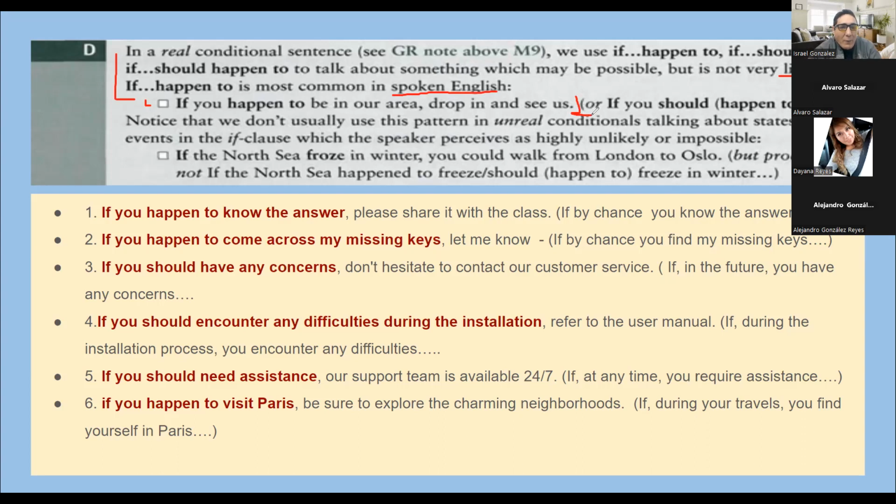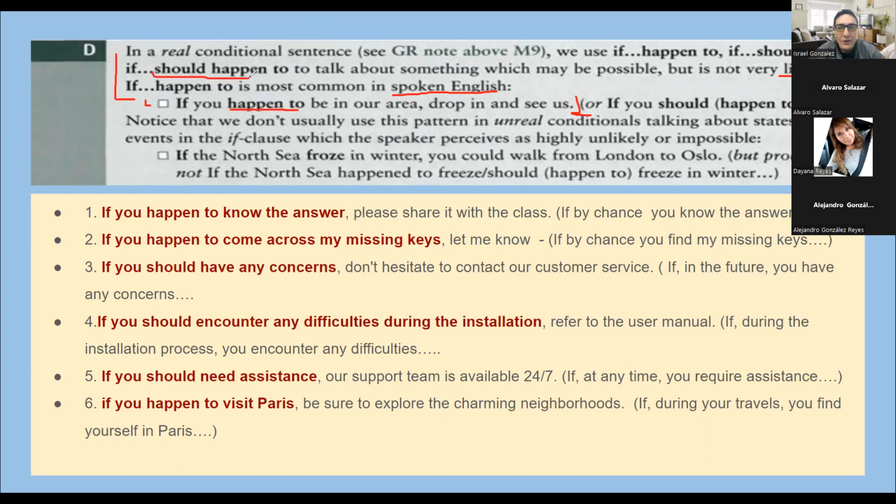If you happen to be here in Iztapalapa, where I live, just call me and we will meet. You can use the structure with happen or with should happen, which is more formal.